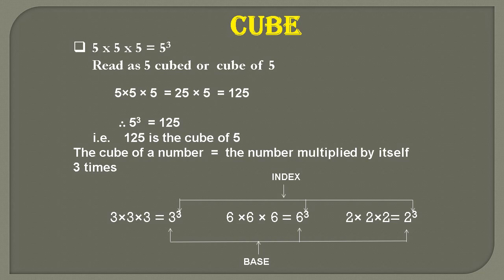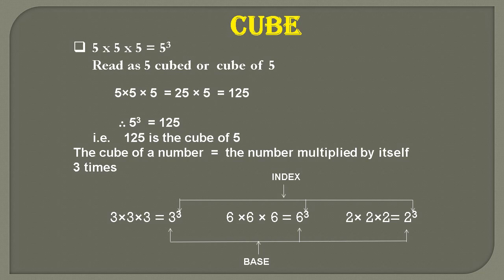Now, let us learn about cube. If we multiply 5 3 times, how we will write in index form? We will write it as 5 raised to 3. It can be read as 5 cubed or cube of 5. What is the result of 5 multiplied by 5 multiplied by 5?